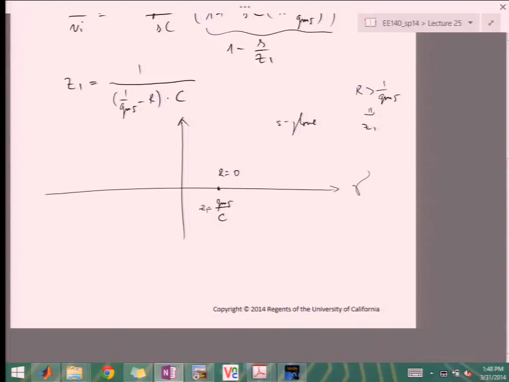So 0, 1 goes into left half plane. But before that point, 0 will be moving this way, right?